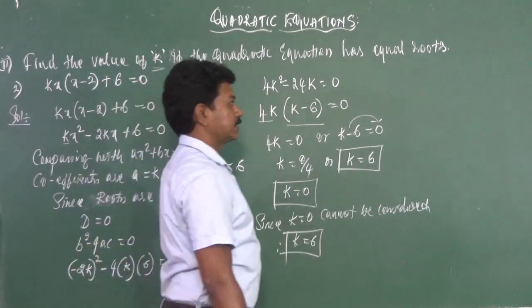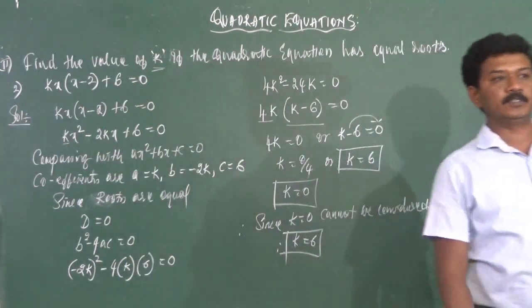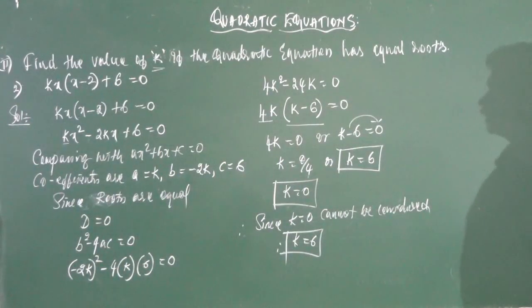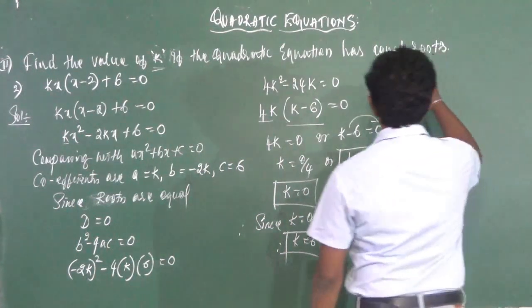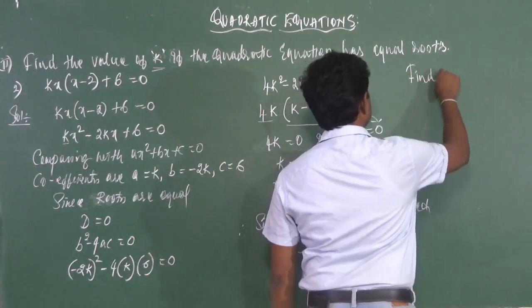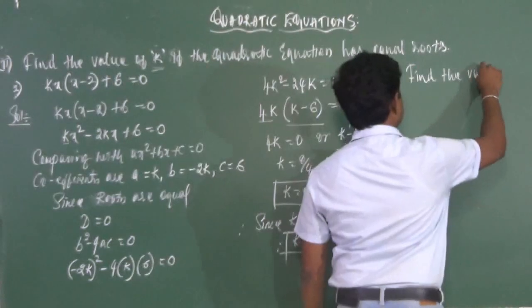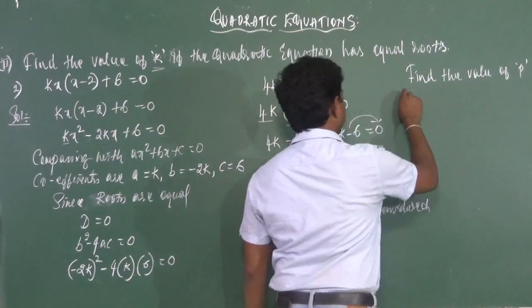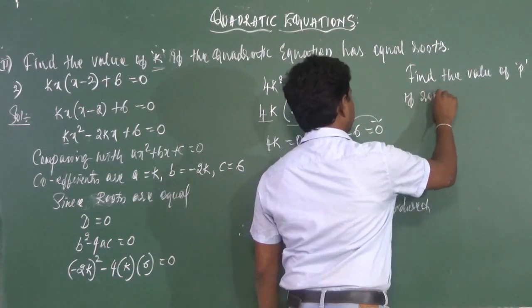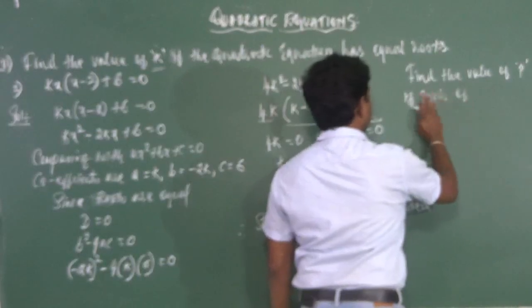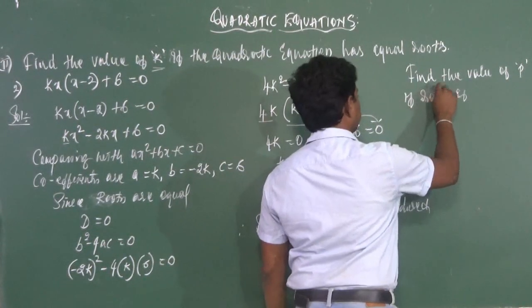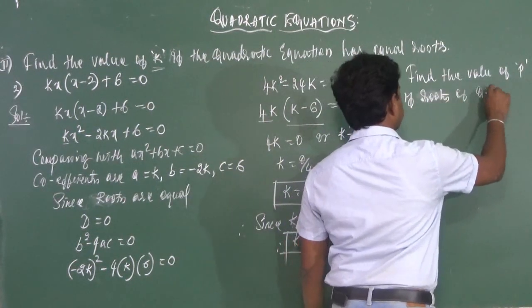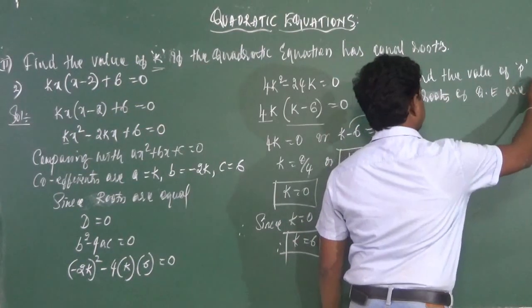On the same basis, I am going to give you homework today. You have to do it in your classwork book and send it to me through WhatsApp. Find the value of p if the roots of the quadratic equation are equal.